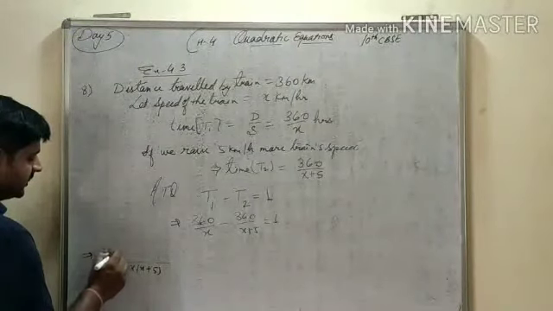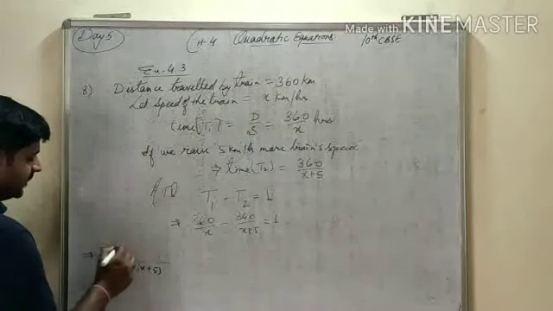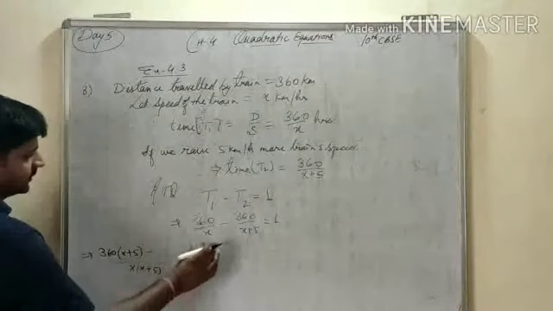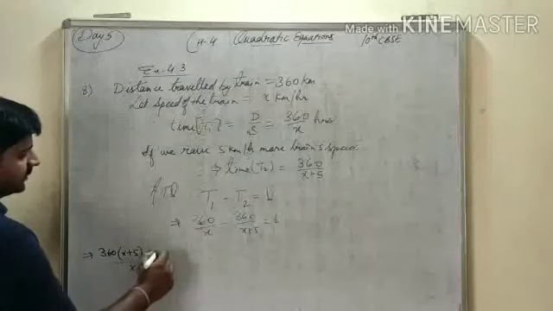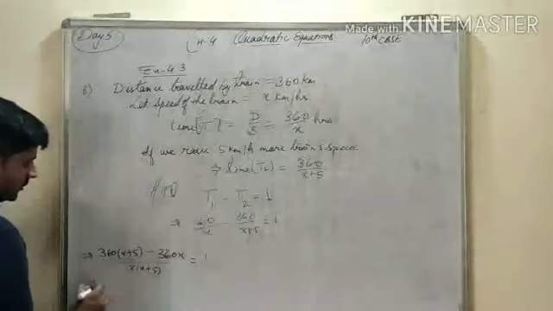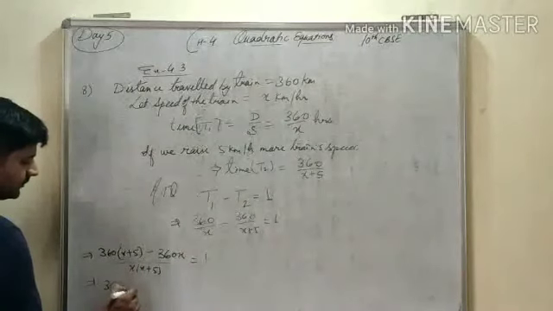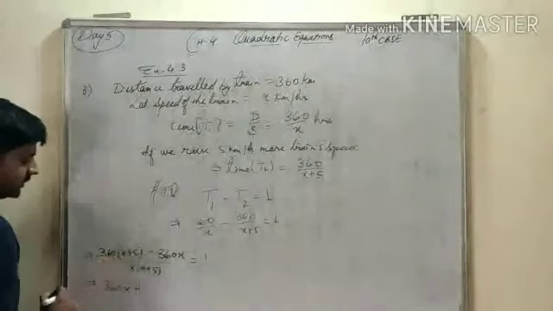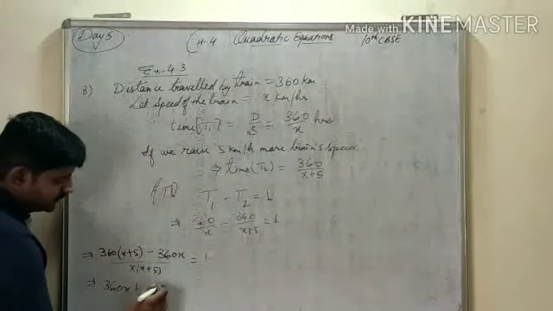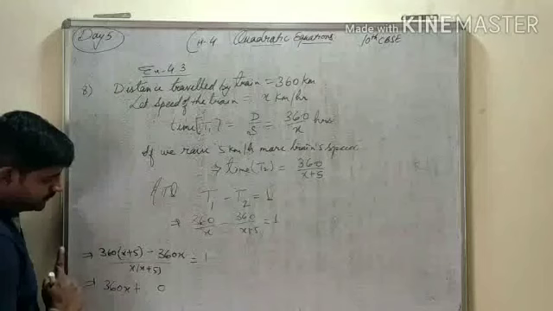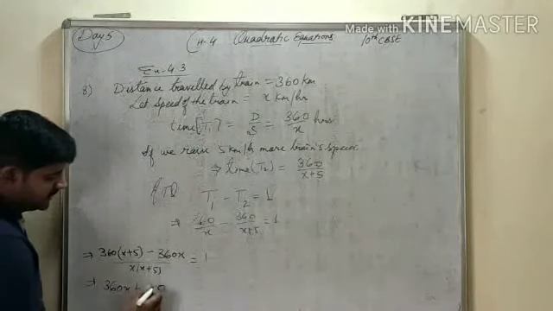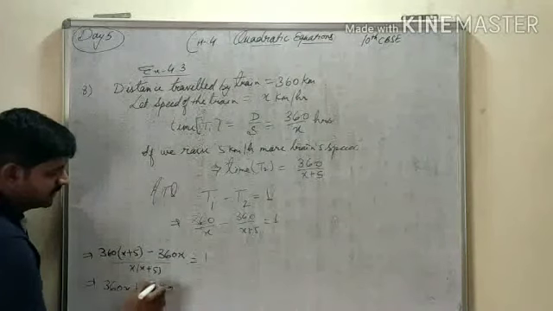So this 360 we will multiply by x plus 5, minus this, divide, so x is left, so we will get 360x plus 1800.